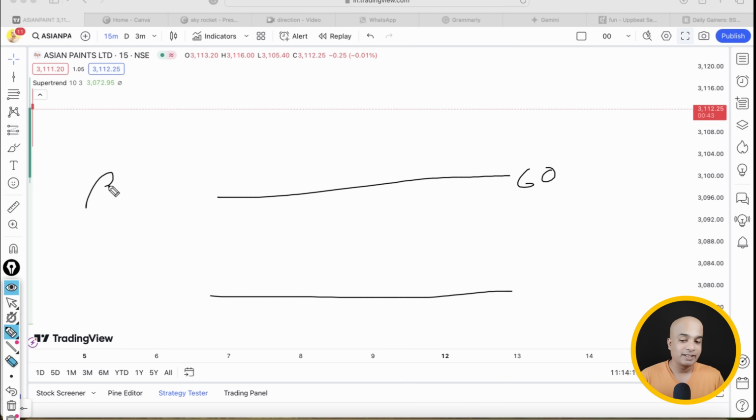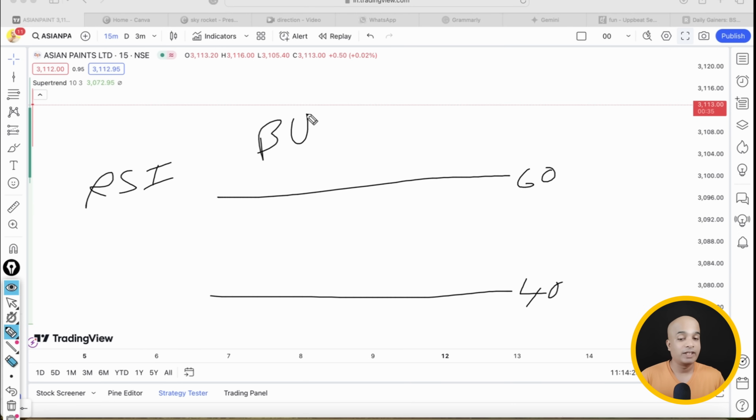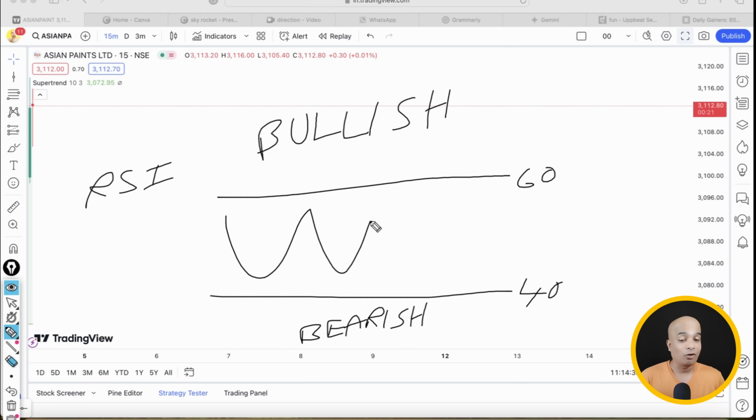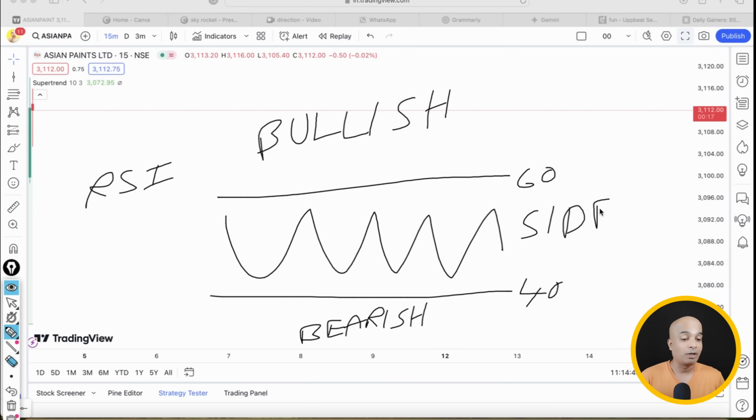Let's say this is the RSI. If the RSI is above 60, it means it is bullish. If the RSI is below 40, it means it is bearish actually. If the RSI is in between 40 and 60, this indicates a sideways market.